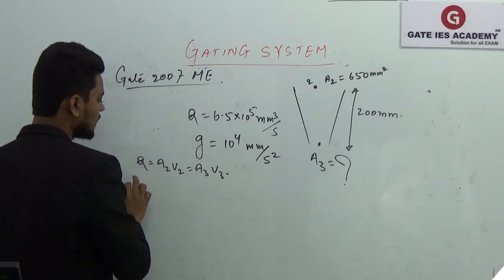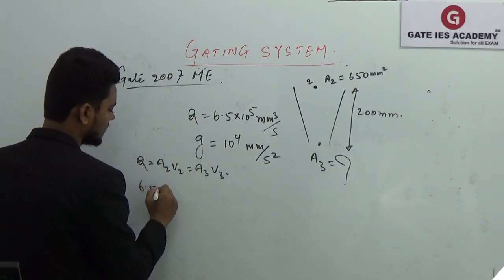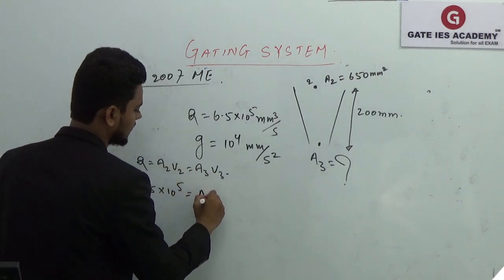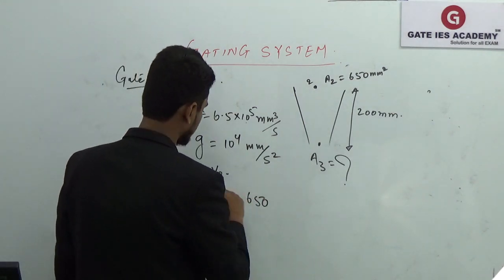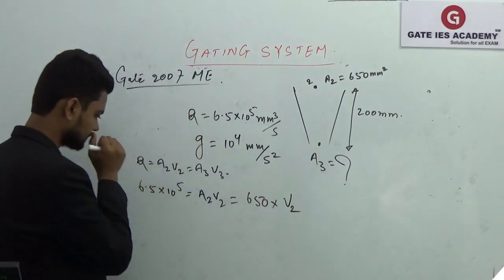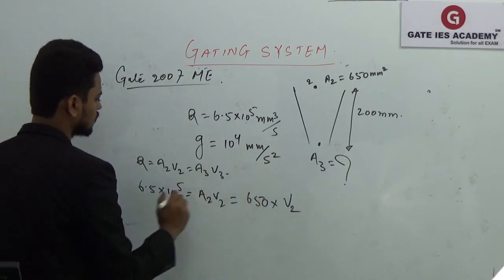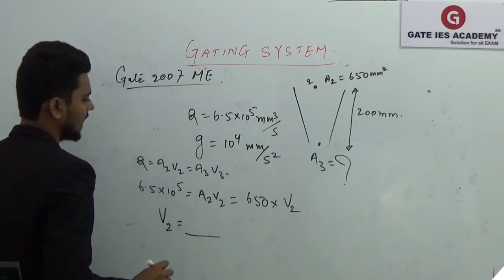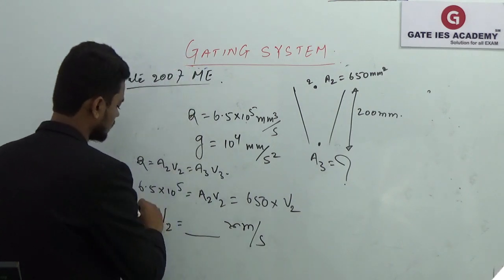So Q equal to 6.5 into 10 to the power 5 equal to A2 V2, which is 650 into V2. So we can find out V2, and it will be in mm per second.